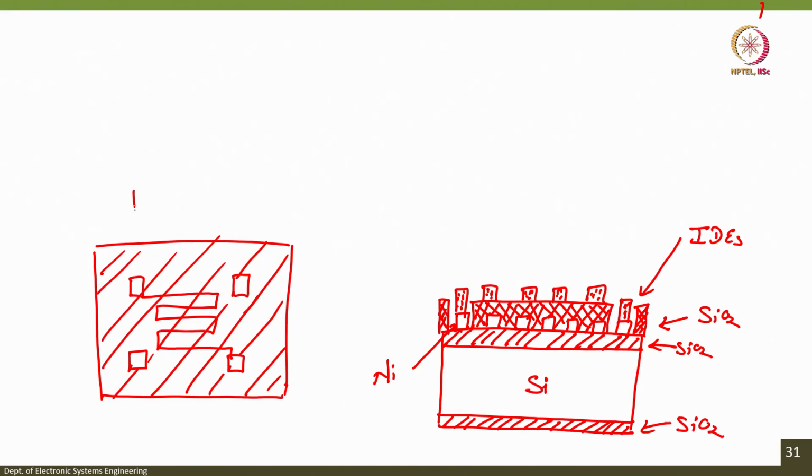Then you open the contact area, this one and this one, and on top of this you deposit a metal and you create interdigitated electrodes. Like this, all right. It is complicated, no? So, if I draw it here without insulating material, it looks like this. Okay.